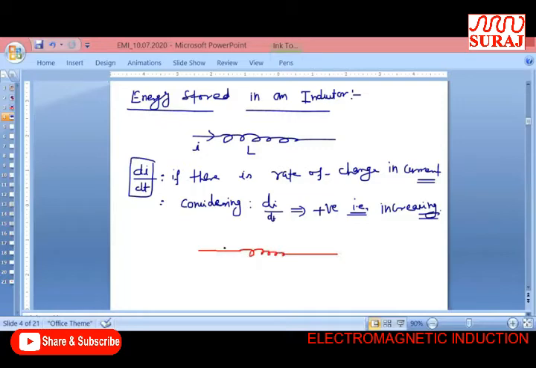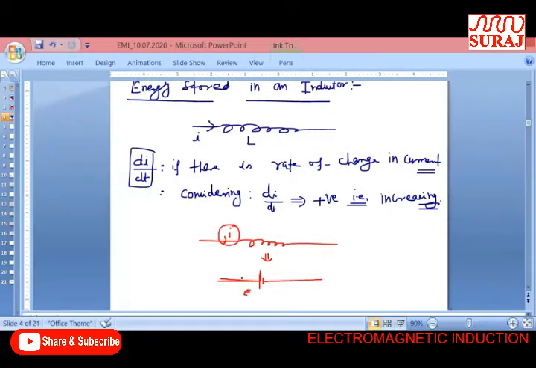This current is increasing. Then what is the polarity induced for this inductor? The EMF induced will try to decrease this current. To decrease the current, the polarity should be induced like this, so that it decreases the effect of this current. Now, what is the value of this induced EMF? It equals L di by dt.